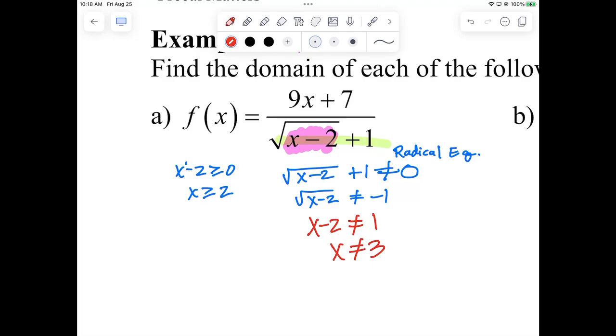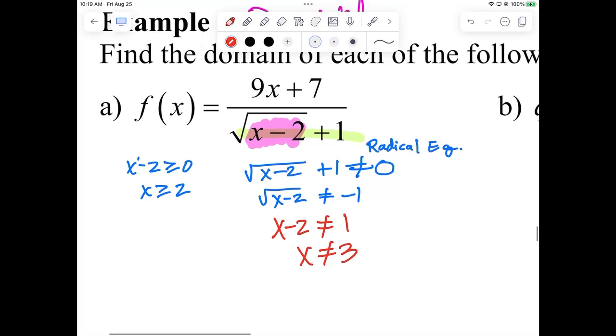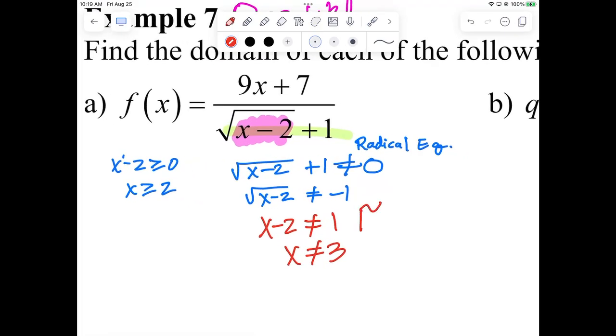So I'm going to teach you what you need to do every time you do a radical equation. This step right here, when we squared both sides, should raise a red flag. Just like when you're solving a linear inequality and you multiply or divide both sides by a negative, that raises a red flag. You're like, ooh, I have to flip the inequality symbol.